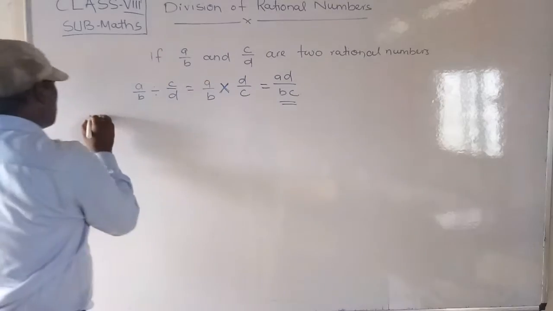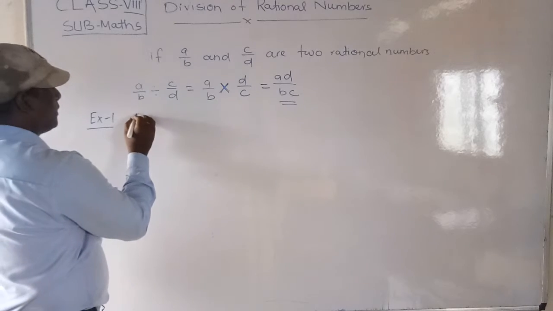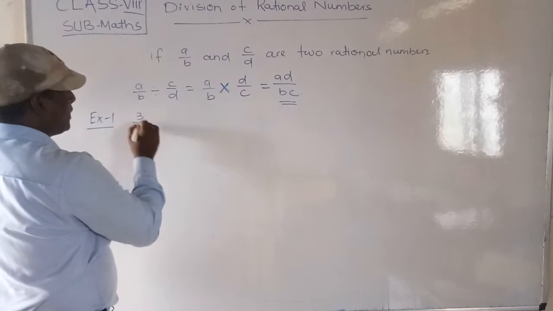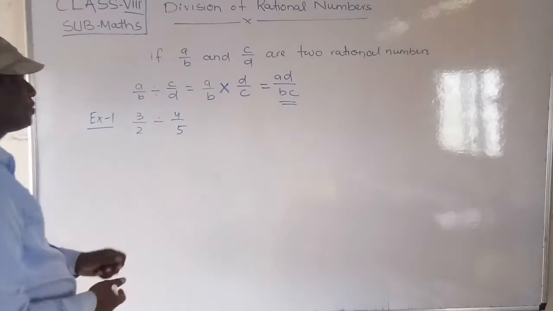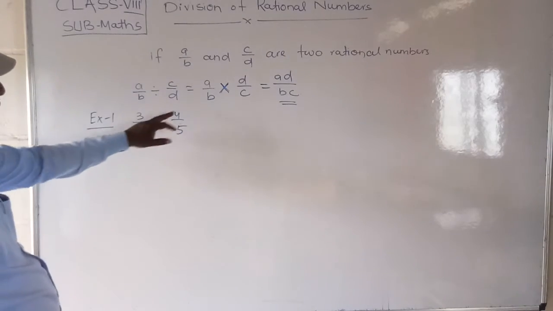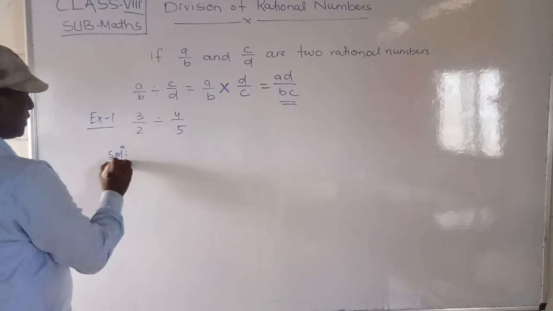We can take one more example here. Suppose I take 3 by 2 divided by 4 by 5. Okay friends, so if we take 3 by 2 divided by 4 by 5, how will we write the solution?